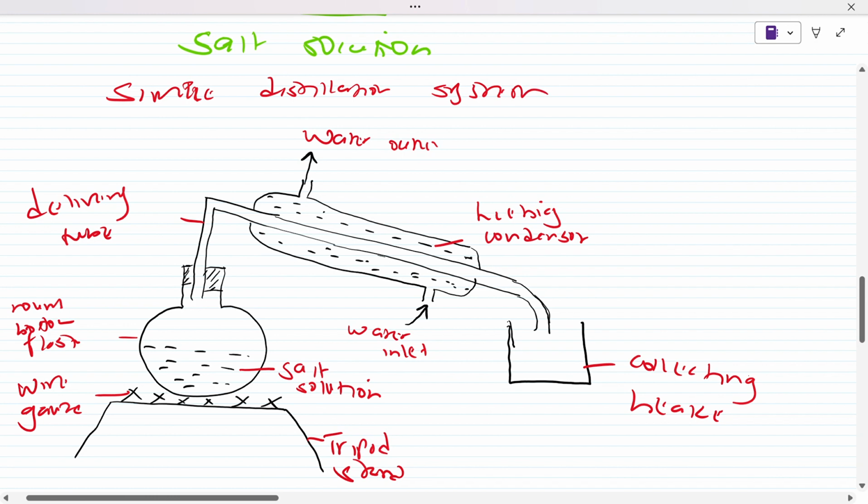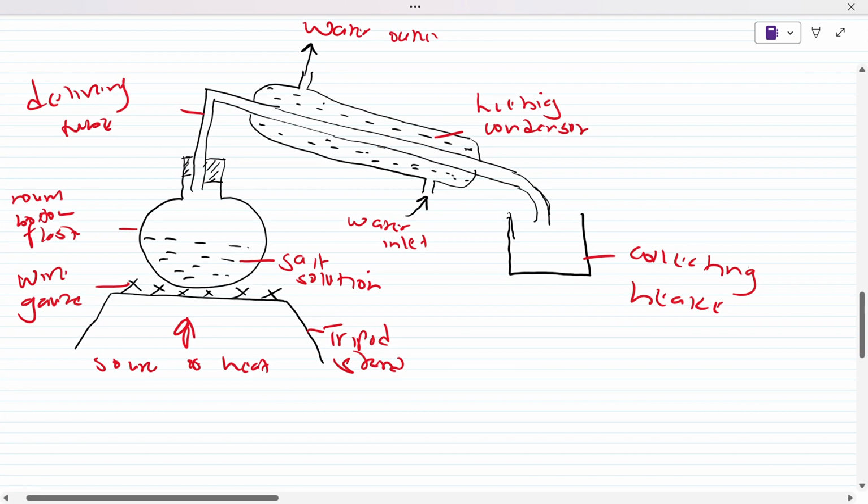Now we are supposed to have a source of heat somewhere here. Sorry, I did not mention that. Source of heat, meaning we have to heat it because it is a mixture consisting of salt and water. So what will happen is that when water is heated, it will boil, then steam will flow through this tube up.